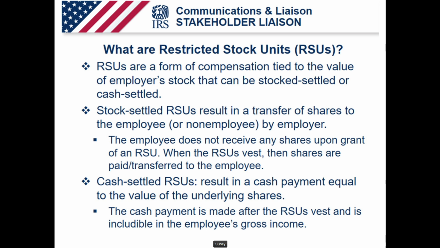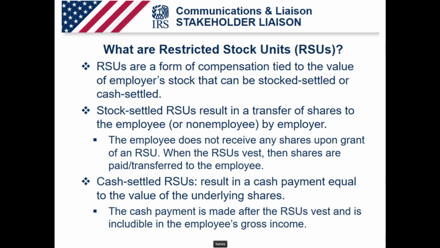Stock-settled RSUs result in the transfer of shares to the employee or non-employee by the employer. The employee does not receive any shares upon grant of the RSU. When the RSU vests, then the shares are paid or transferred to the employee. Cash-settled RSUs result in a cash payment equal to the value of the underlying shares.